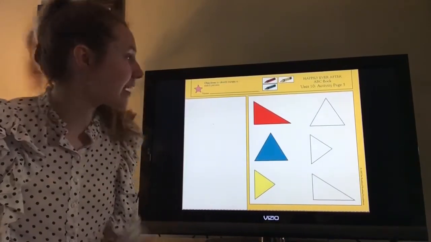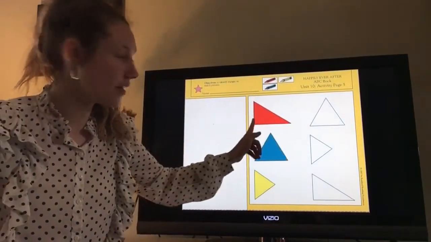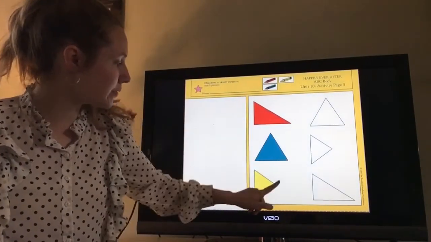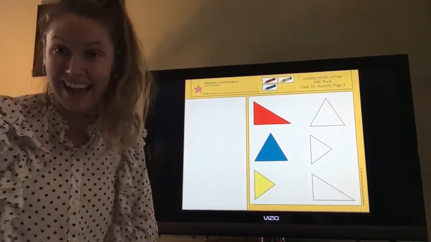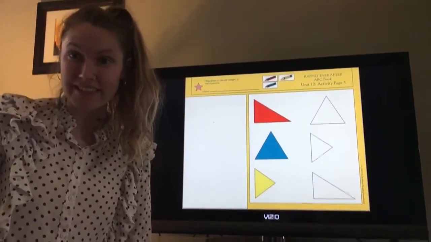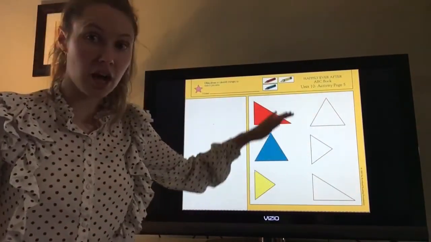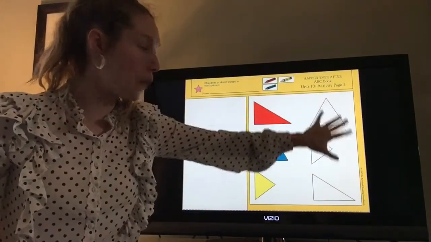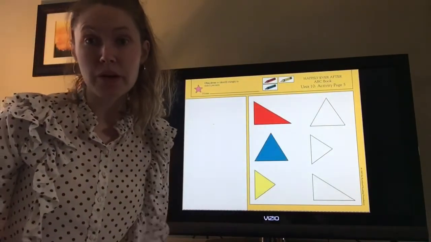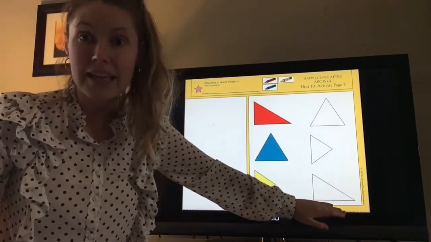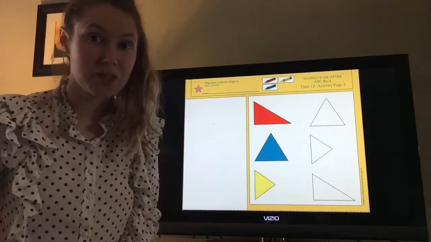Triangles, that's right, because they have 1, 2, 3 sides. 3 sides and 3 points. So, our job is to match the colored triangles to the white triangles over here. And we're going to be coloring the triangles that are not filled in, the color that they match.